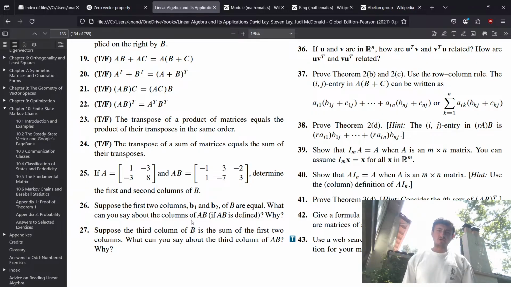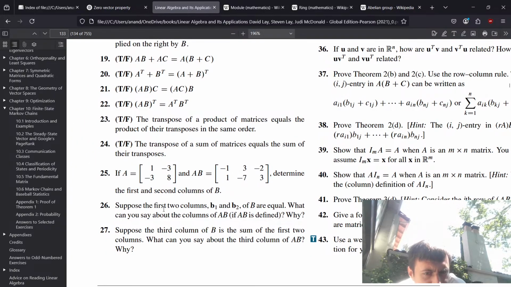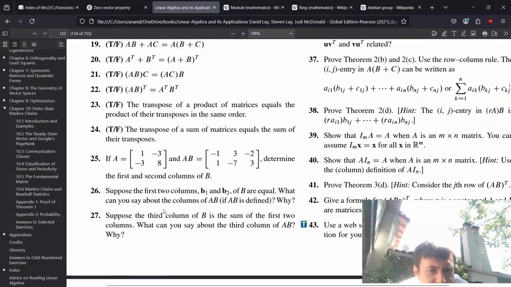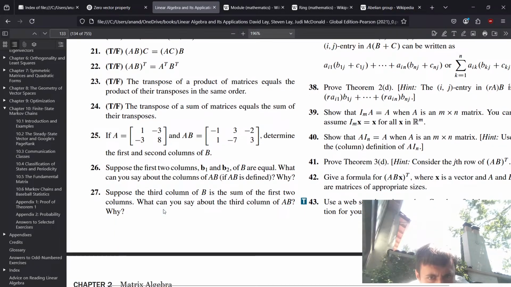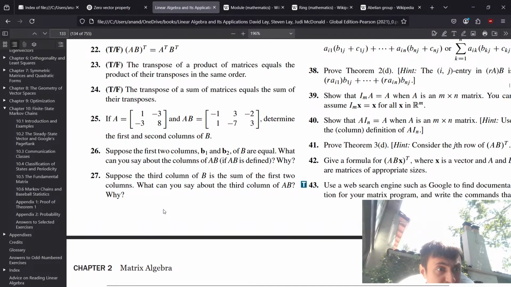If the first two columns of B are equal, then the first two columns of AB are going to be equal because the linear combinations are going to be the same. Similarly, the row column products are also going to be the same.